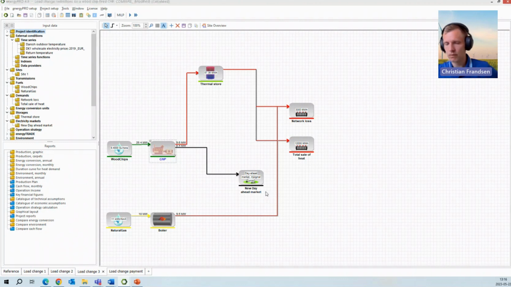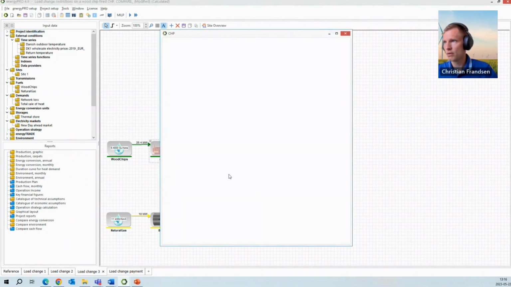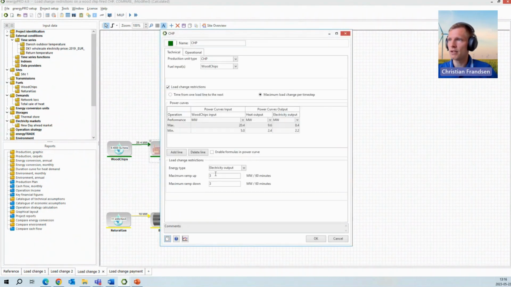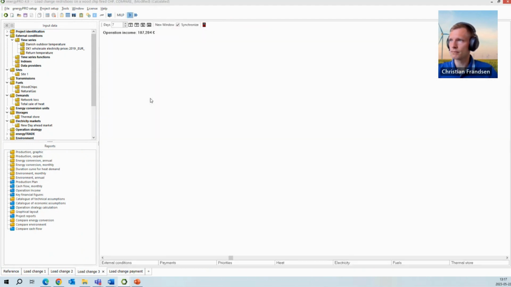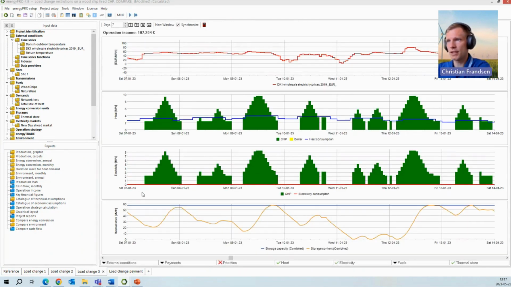It will be more clear if I go here to open the unit again, and then select 1 hour up and down, and rerun. Then we can see that the minimum load of the unit, it can jump up to the minimum load, and then it has this 1 hour as 1 megawatt per hour as a maximum ramping.